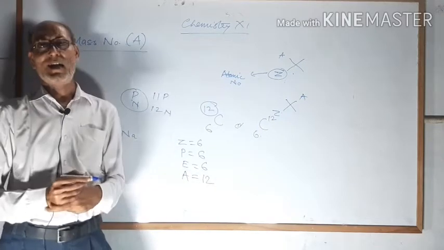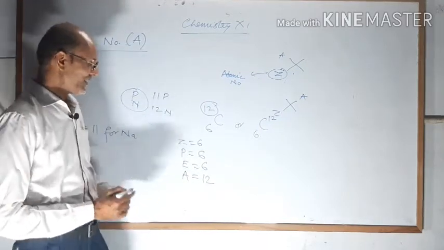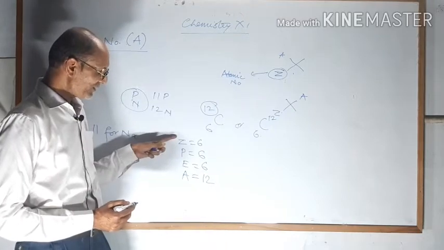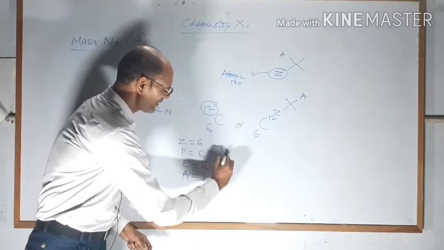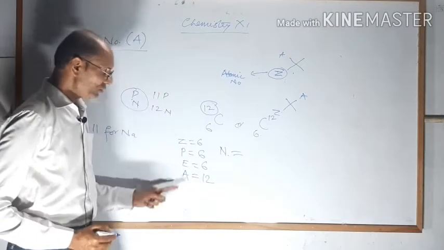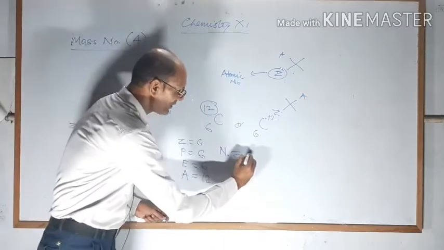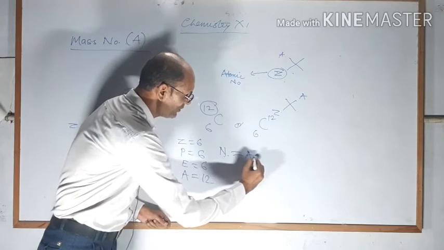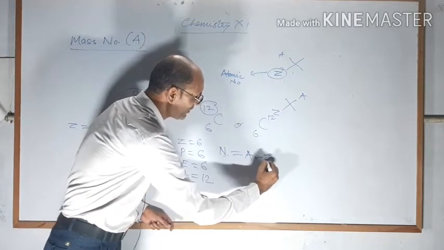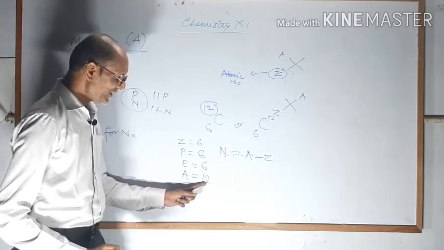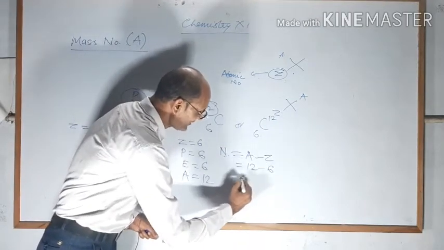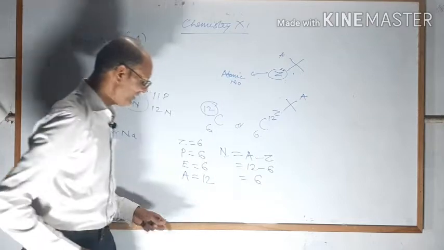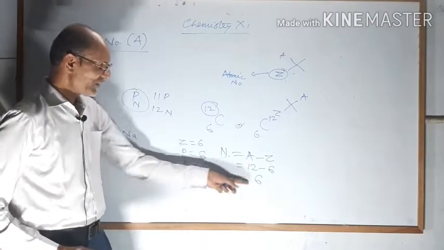How will you find the neutrons in an atom? Suppose this is the atomic number, this is the mass number, and you want to find the number of neutrons. So you have to write neutron equals mass number minus atomic number. So you are seeing this is 12 minus 6, that equals 6. That means this contains 6 neutrons.